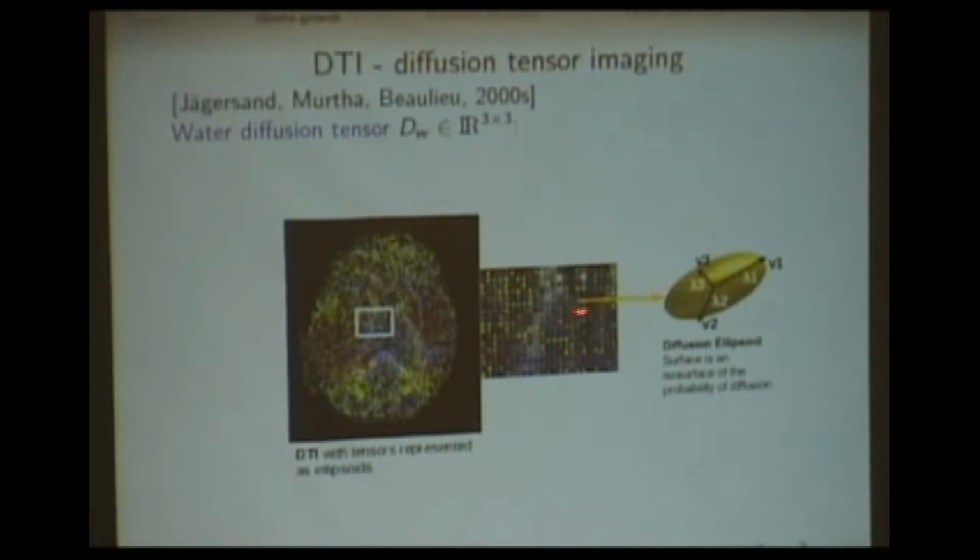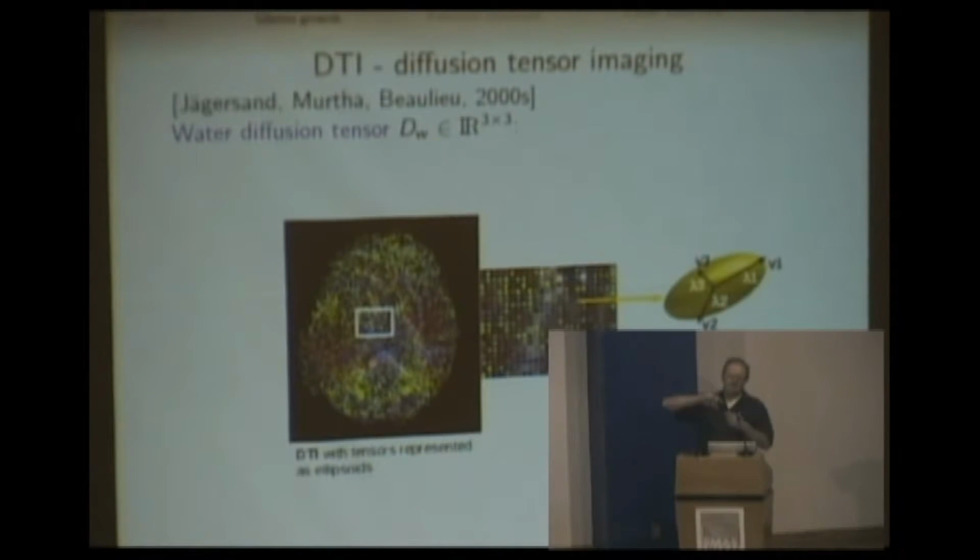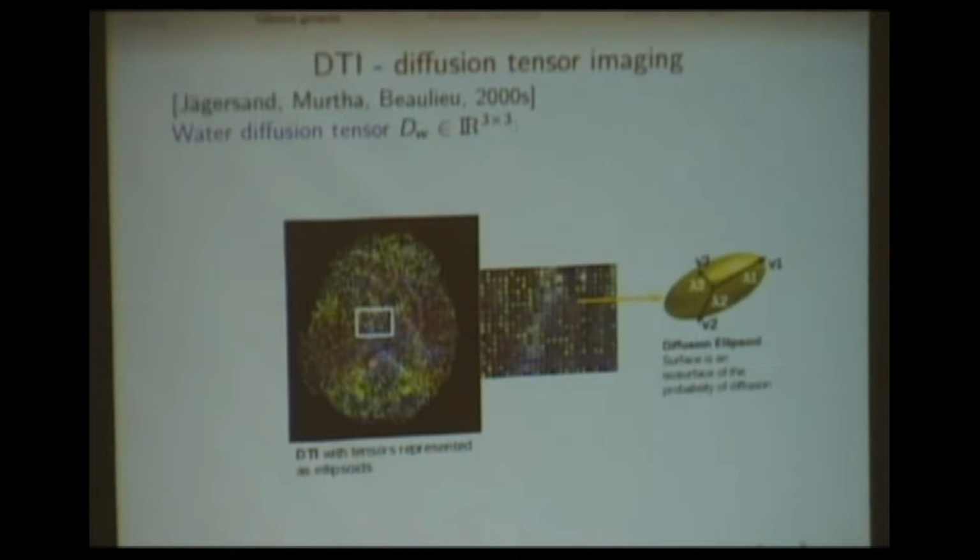And this ellipsoid has 3 main directions, V1, V2, V3, and it has eigenvalues, lambda 1, lambda 2, lambda 3. And this tells you the isotropy in a certain direction. So if it's very cigar-shaped, it is on a white matter track and goes in a certain direction. If it's round like a ball, it is a gray matter and it has no dominant direction. So we do have data for patients for the direction inside a brain. So that's what we're going to use.